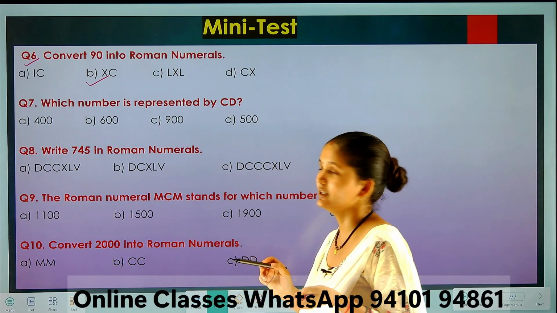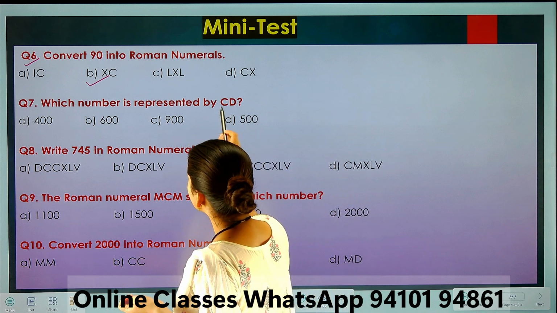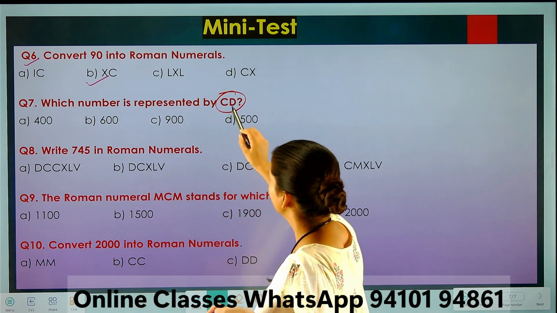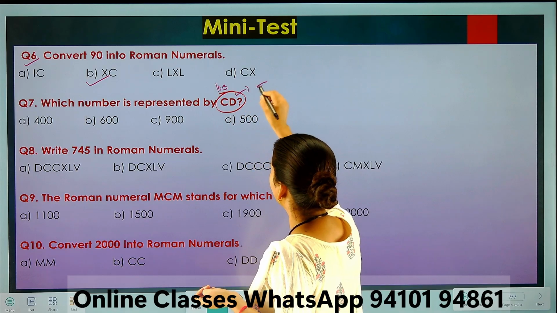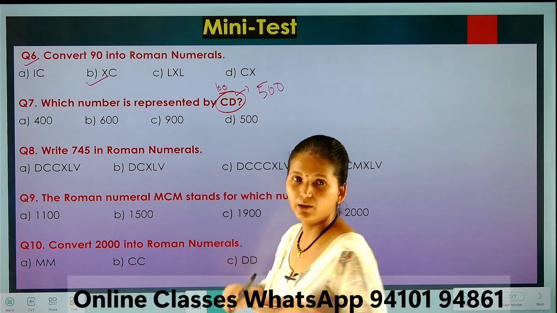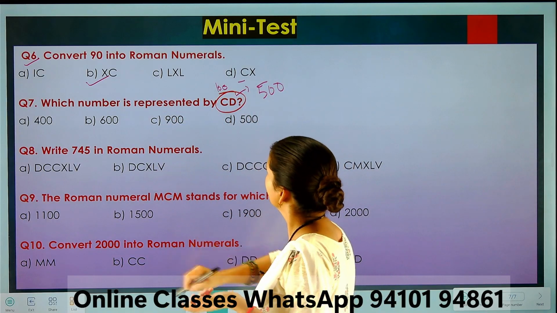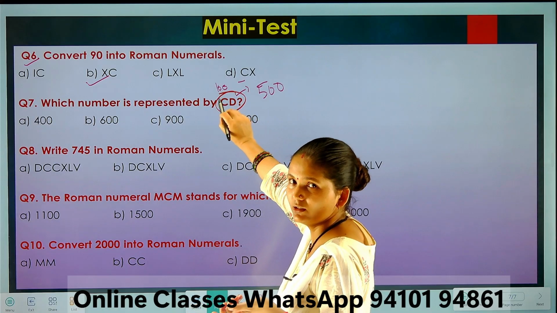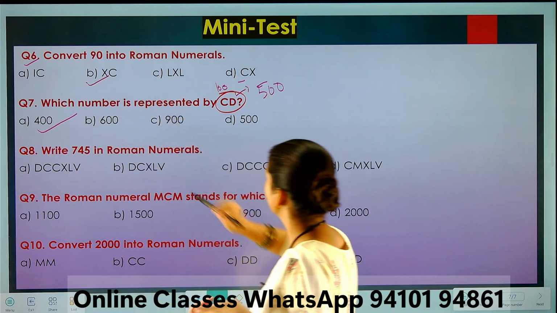Which number is represented by CD? So, CD, look here. C is 100 and D is 500. Opposite system means subtraction. Subtract 100 from 500, so we will get 400.